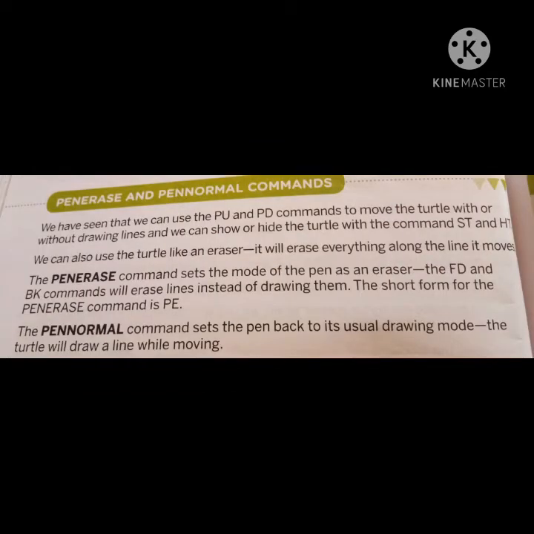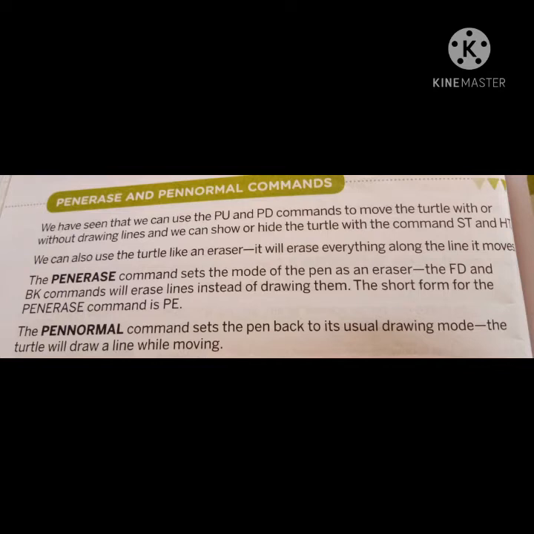Now let us learn about pen erase and pen normal commands. Here we can also use the turtle like an eraser. It will erase everything along with the line as it moves. Pen erase command sets the mode of the pen as an eraser.